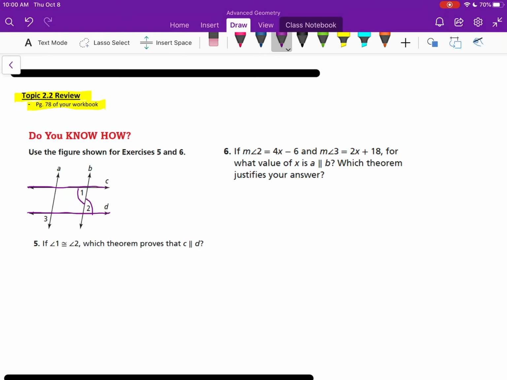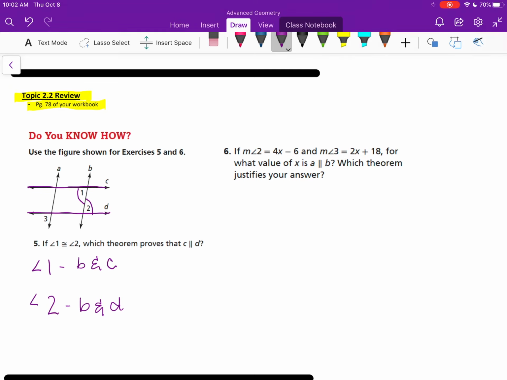So first we have to figure out how angle 1 and 2 are related. One thing I like to do is just break them down. Angle 1 happens at the intersection of line B and line C. Angle 2 happens at the intersection of line B and line D. Which line is the same for both angles?